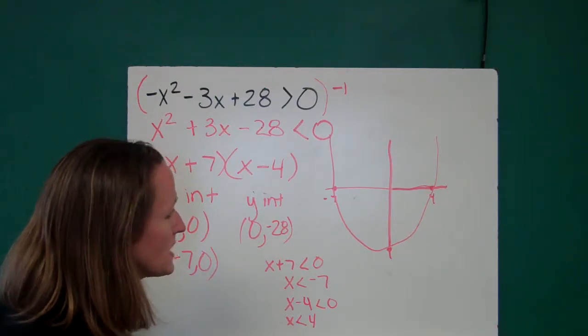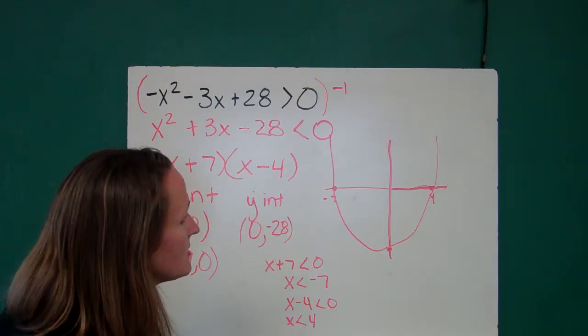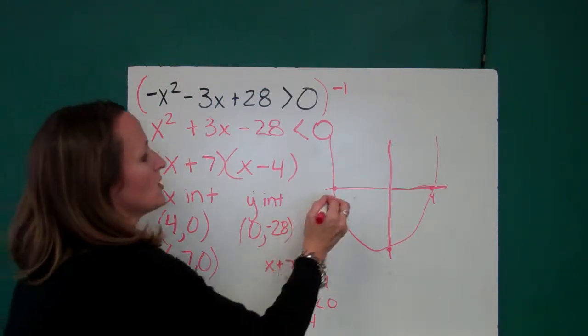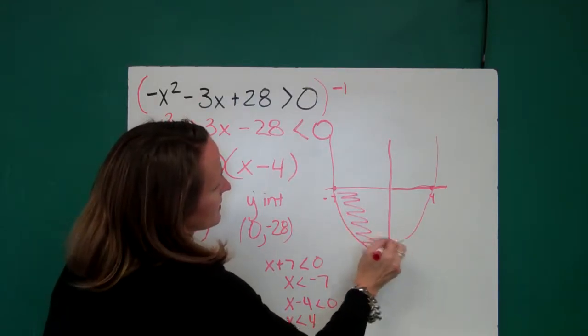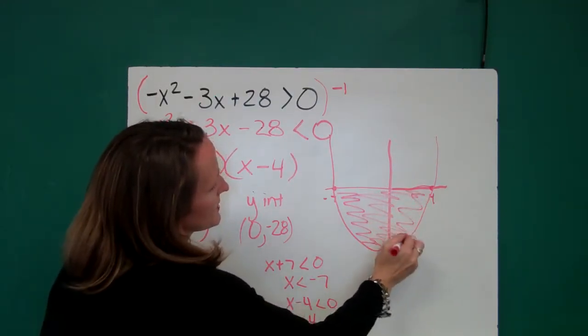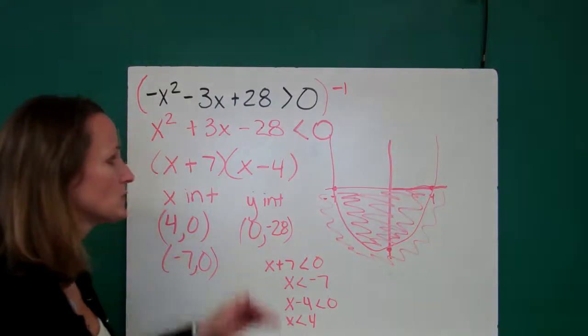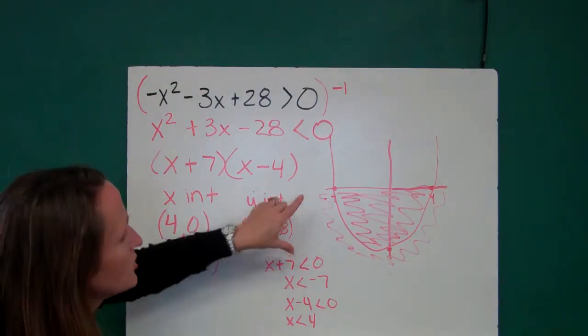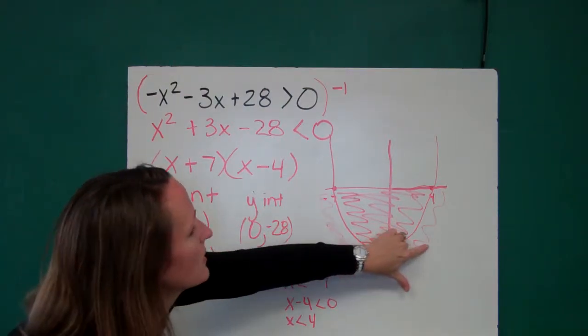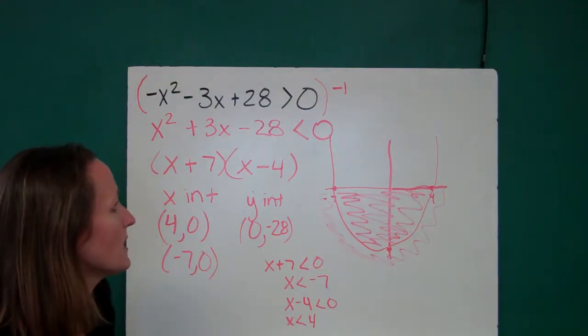So we want to shade where it is less than 7 and less than 4. So we're going to shade down in this region. And really we could kind of get all of this because we want to be below, actually no, I don't know if I want to include all that, below all of that.